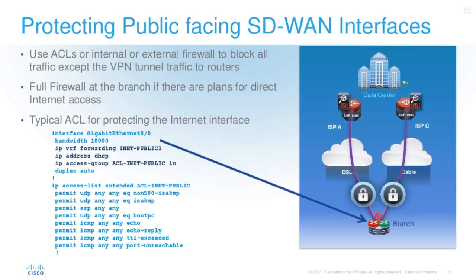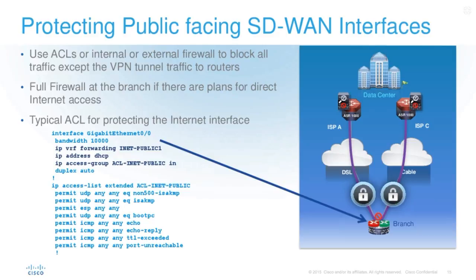Here's just an example of that routed interface and the stuff that you might allow in over it. What you're looking at there are things like ISAKMP, which is the IKE keying protocol, and the actual IPsec tunnel traffic, which is running over ESP. We want to allow BOOTPC because we have to allow DHCP. That router generally is connecting out to a service provider, and a lot of times that's not a static IP address, it's DHCP assigned, so we let that in.